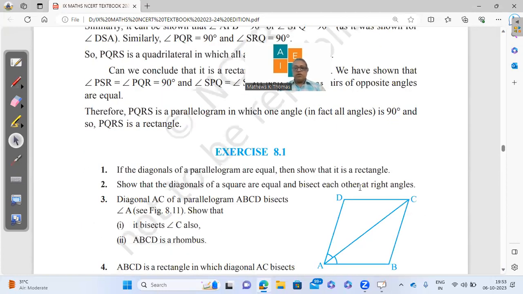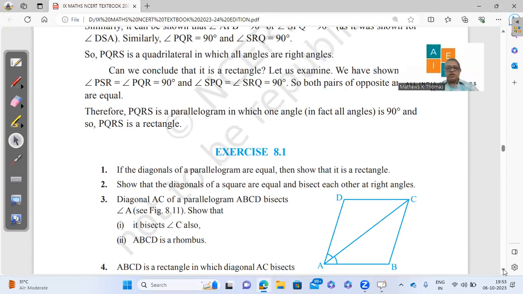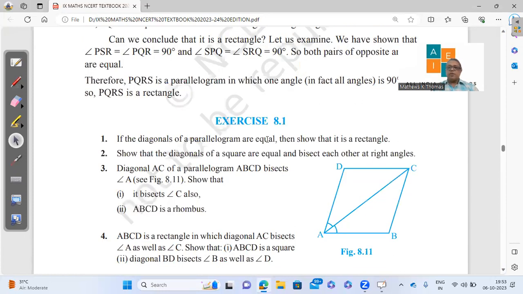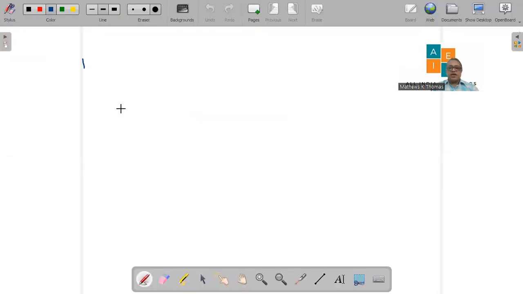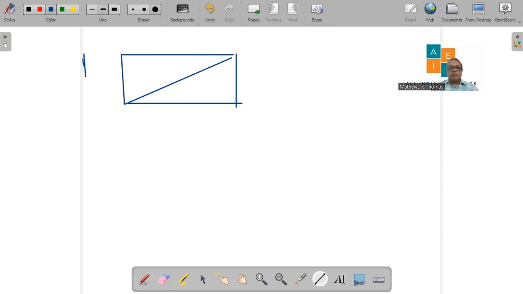So here we have the first exercise before us. Show that if the diagonals of a parallelogram are equal, then it is a rectangle. So let's make the figure here.